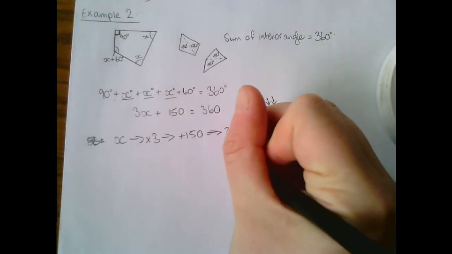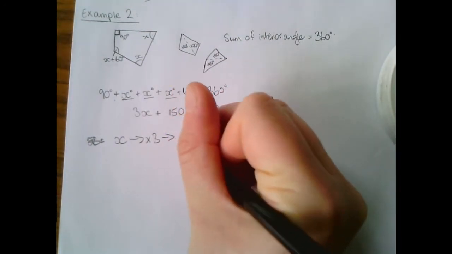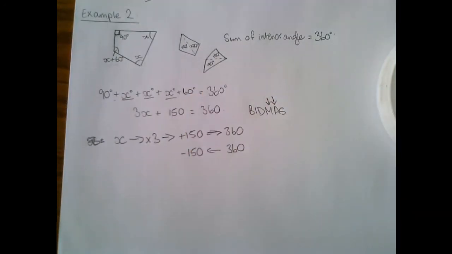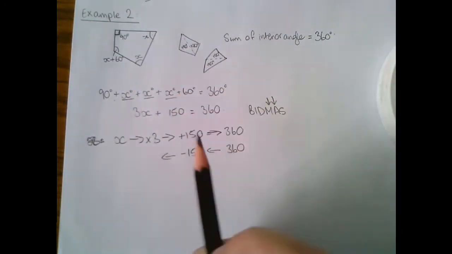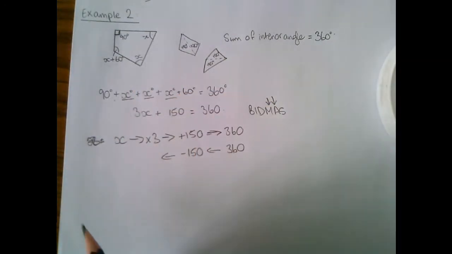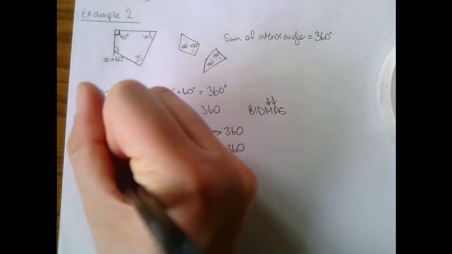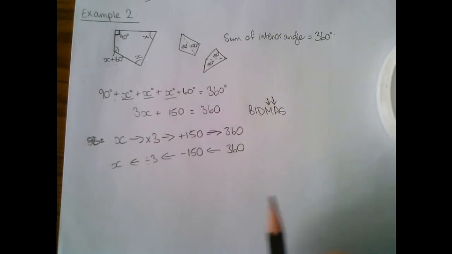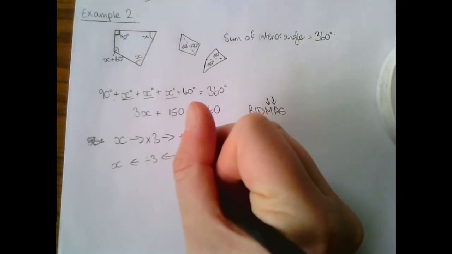So 360. The inverse of adding 150, the opposite, how to undo that, is by taking it away. Then we're going to undo our multiplying by 3, so the inverse of multiplying by 3 is dividing by 3. That's going to give you whatever x is. So 360 subtract 150 is 210.